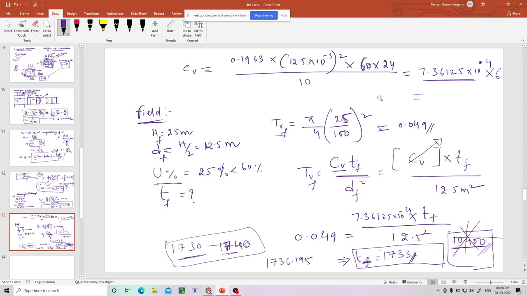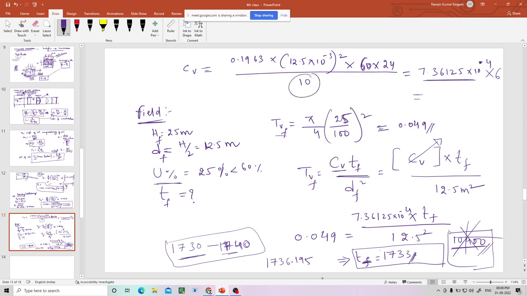This is in terms of what? Days, minutes, seconds? Can someone of you tell me what are the units of this answer? Minutes? Why minutes? See, we have converted.